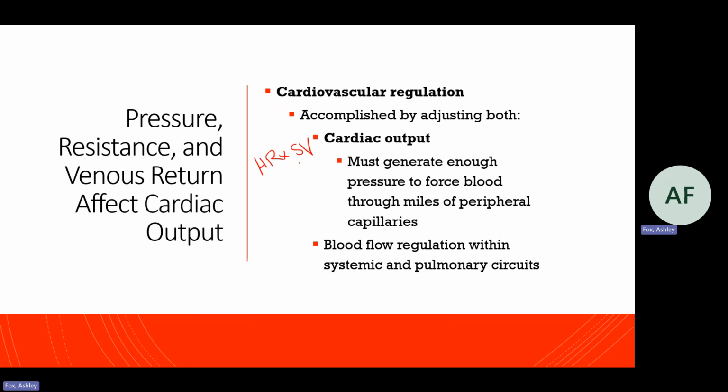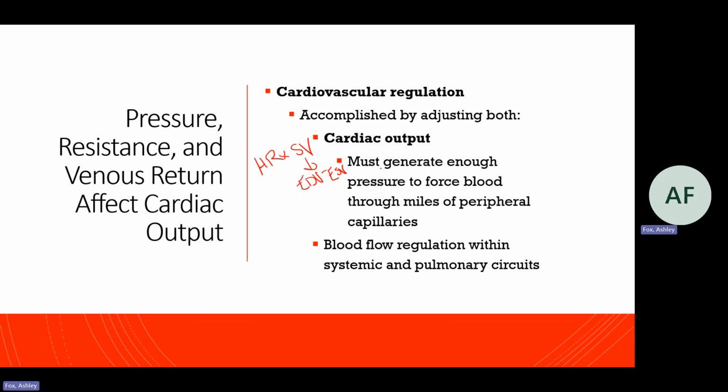Stroke volume is your end diastolic volume minus your end systolic volume. So how much you had in your heart and how much you pushed out or is left. That's how much per minute the ventricle is able to push out, and then heart rate.